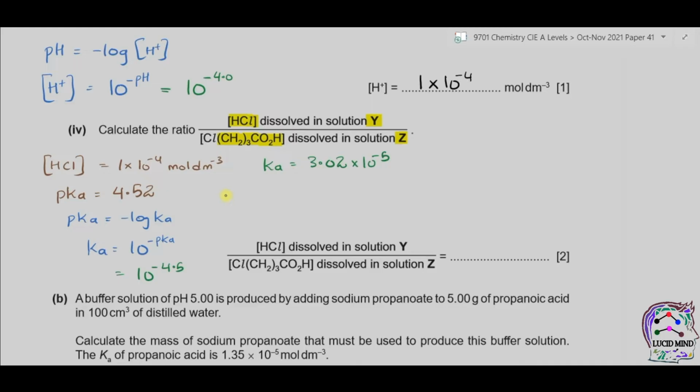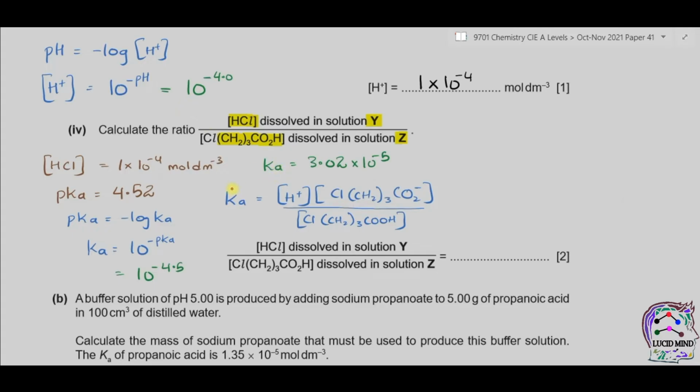From the Ka expression, we know that Ka equals the concentration of H plus times the concentration of Cl(CH2)3CO2 negative, divided by the concentration of acid Cl(CH2)3COOH. This expression was in part 1.